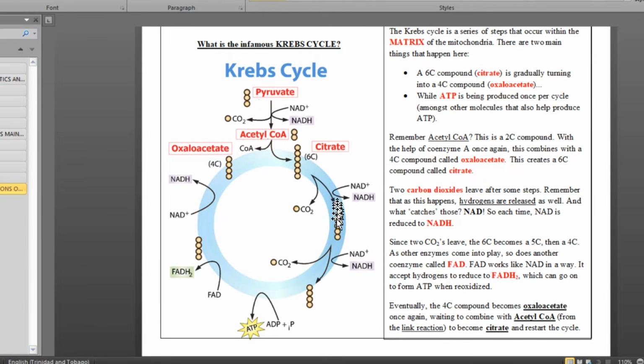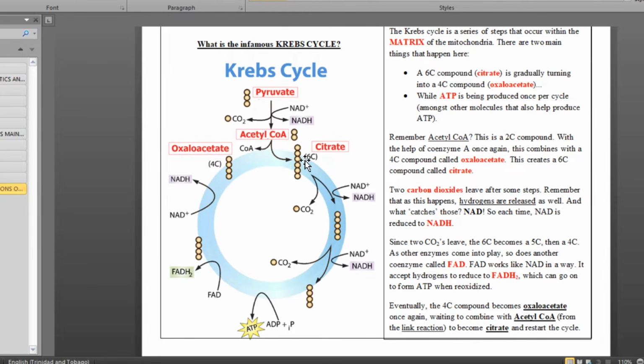So it's 6, 5, 4. Then it remains at 4 for the rest of the cycle until it turns into oxaloacetate. Then the acetyl coenzyme A adds on 2 extra carbons from the pyruvate. You see that one was lost to carbon dioxide. So this 4 carbon plus this 2 will become 6.